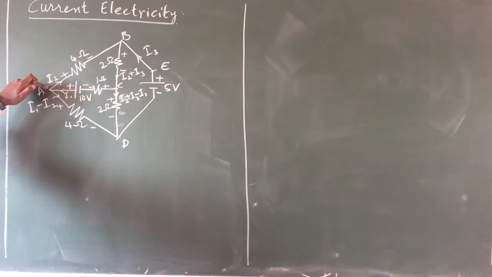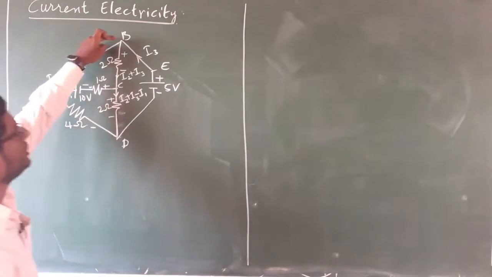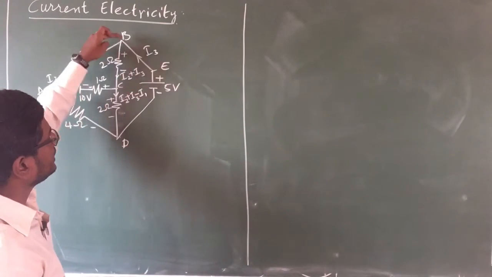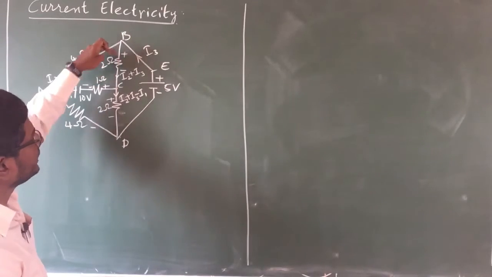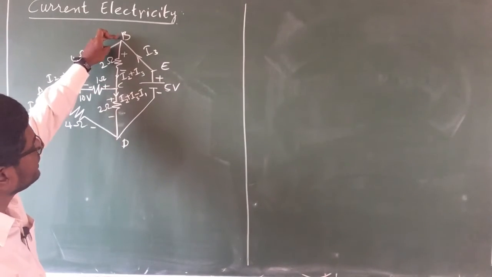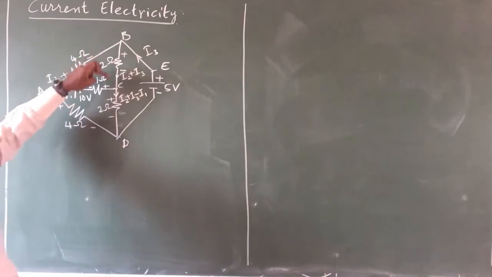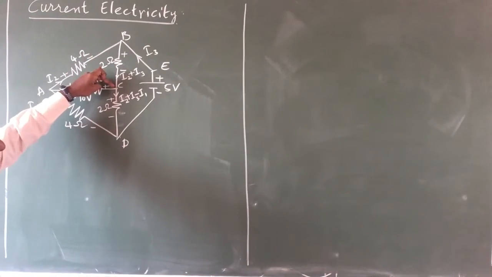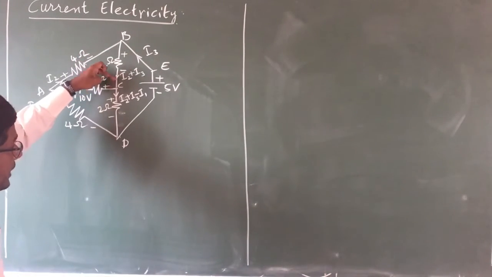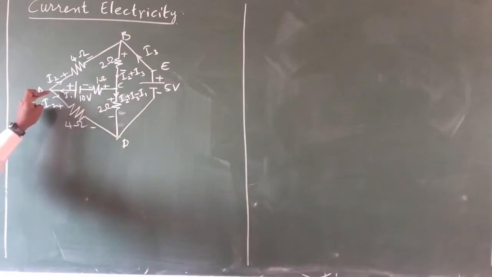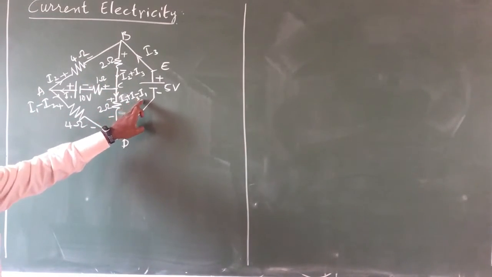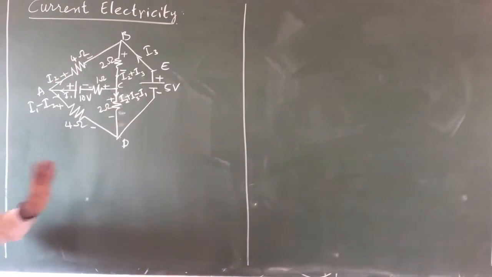So at point A, already KCL is applied. Also at point B, I2 is arriving, I3 is arriving, and those two are moving together towards point C. Again, KCL has been applied here also. Again at this point, KCL is applied, I2 plus I3 is arriving, I1 is leaving, so I2 plus I3 minus I1. So already KCL has been applied.